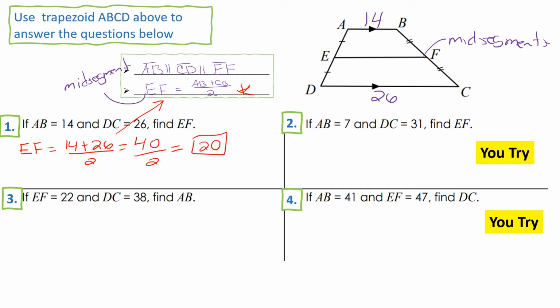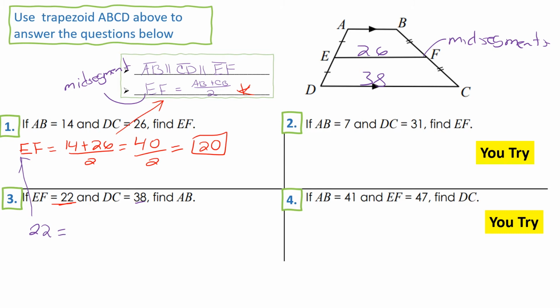Number 3, they give us EF. So EF is 22, and DC is 38. So using that same formula, instead of putting my 2 numbers at the top, EF goes in this spot here.